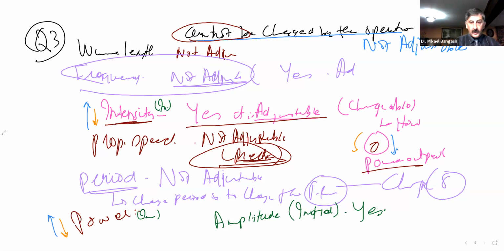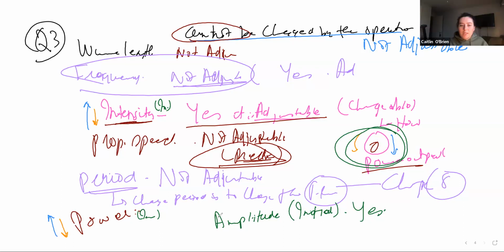Because that's pretty much what you do when you rotate the power output knob. You're increasing or decreasing the initial power, which means that you are increasing or decreasing the initial intensity, which means that you are increasing or decreasing the initial amplitude.